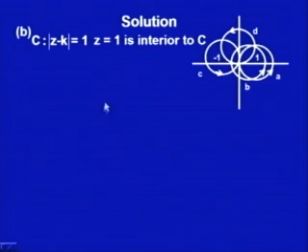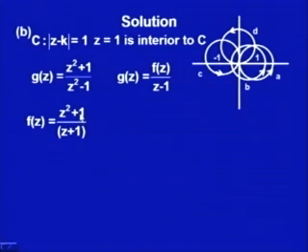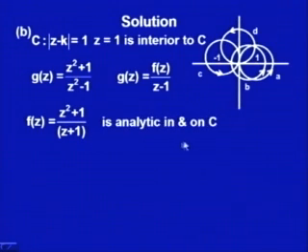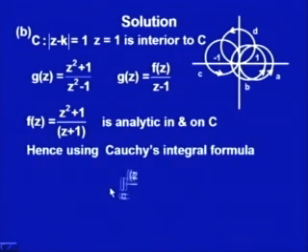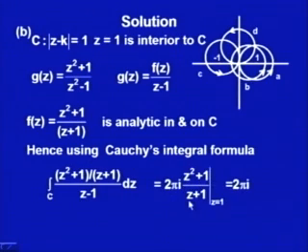So, again I will break my g(z) in the similar manner, that is (z square plus 1) upon (z square minus 1), I would write it as (z square plus 1) upon (z plus 1), times 1 upon (z minus 1). On this circle, it is completely analytic, because z equal to minus 1 is still outside this circle. So, I would consider this as f(z), analytic on C. So, again using the similar manner, we get 2 pi i times (z square plus 1) upon (z plus 1) at z equal to 1, that is the same as 2 pi i.